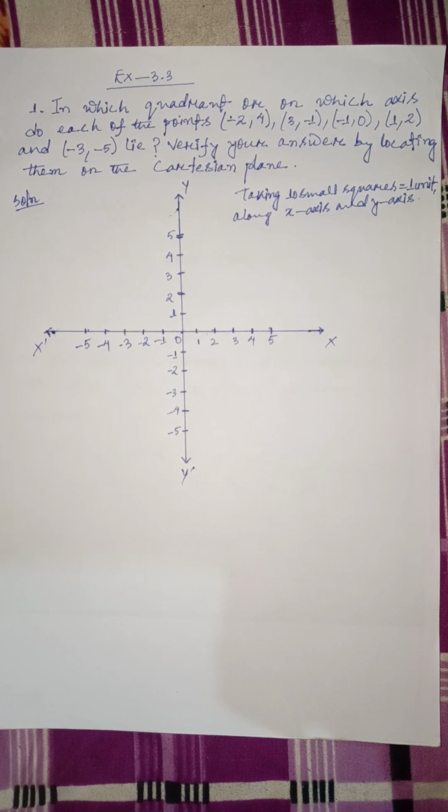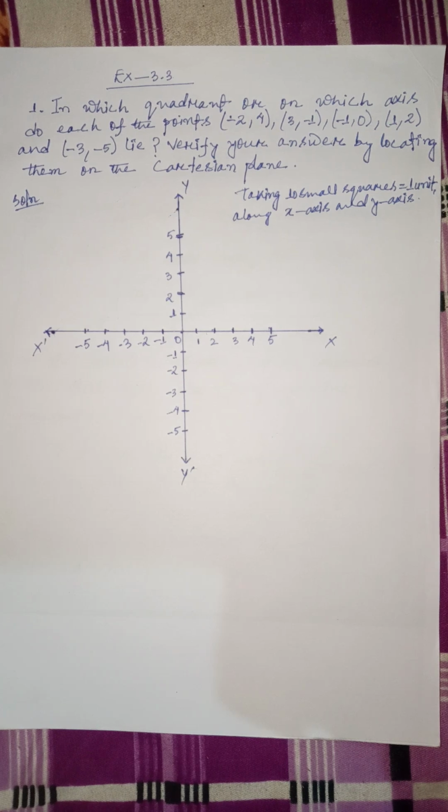In order to do this, first of all, you have to draw this Cartesian plane by writing the lines in the x-axis as well as the y-axis, right? And sometimes if you do it in graph paper, then you will have to take 10 small squares equal to 1 unit along the x-axis and y-axis, right? Alright, now let us proceed to the main things.